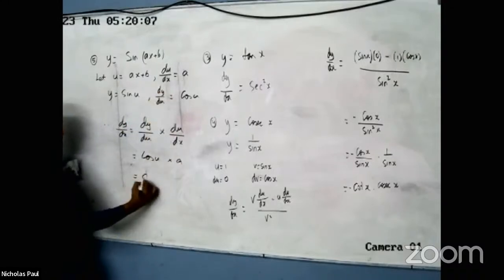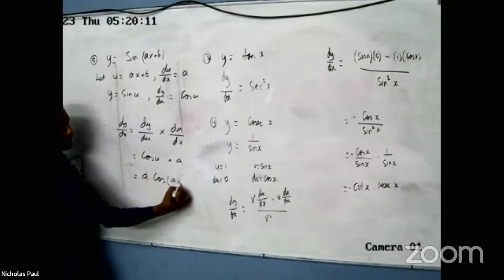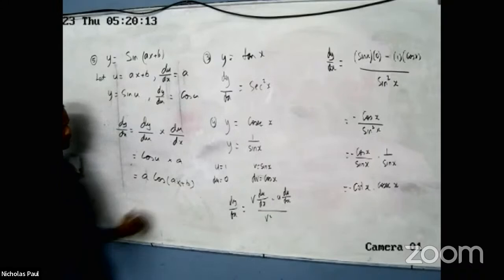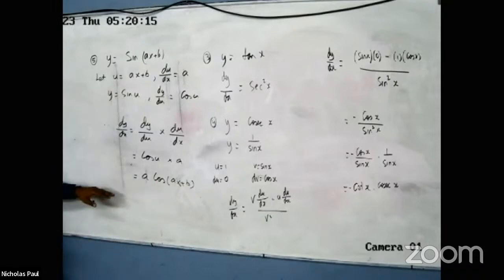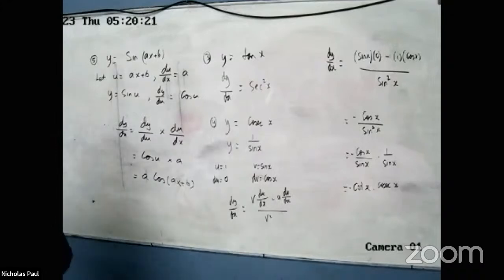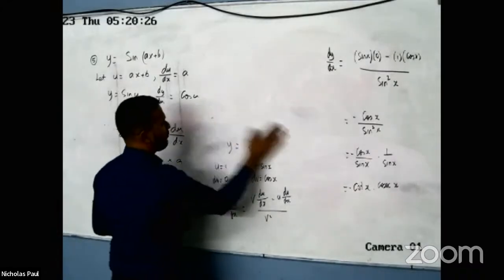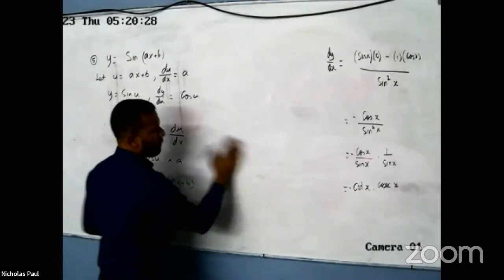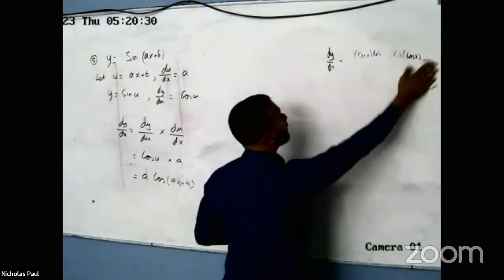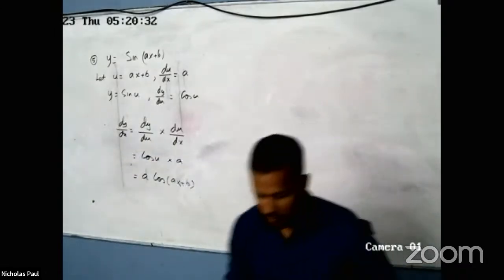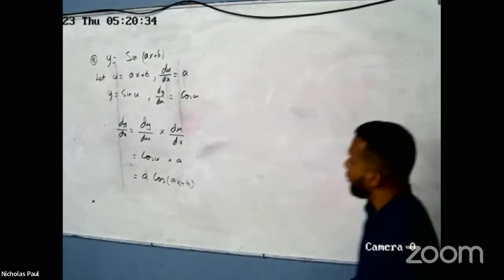So the answer is a cos u, but you can't leave u, so you write back ax plus b. That's the long way using the chain rule.